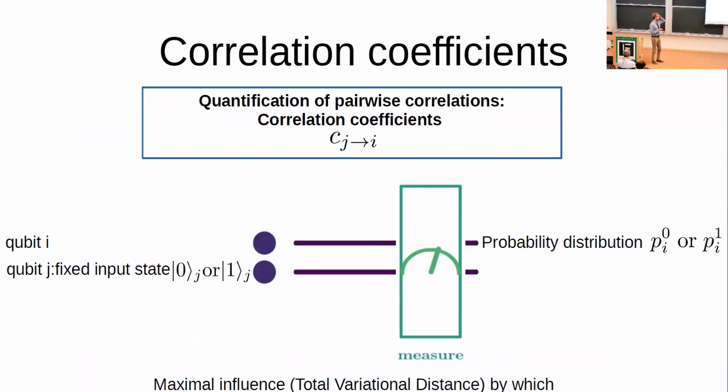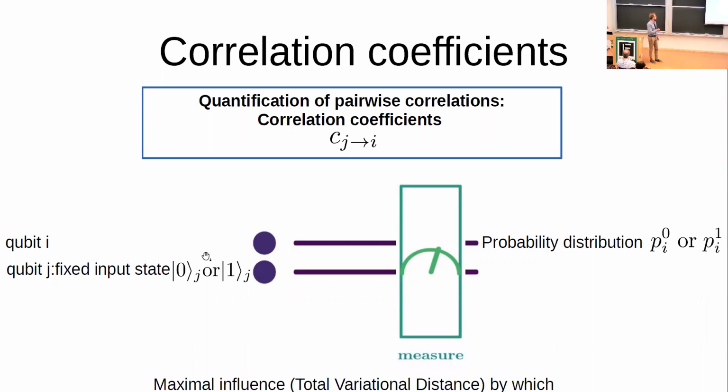And now we want to find those clusters of qubits that are correlated when it comes to the readout noise. So the first thing that we do is quantify pairwise correlations in the readout between different qubits. I take qubits i and j, and I fix the input state on qubit j, and I check what is the resulting marginal probability distribution on qubit i, and how it depends on the input state of qubit j.